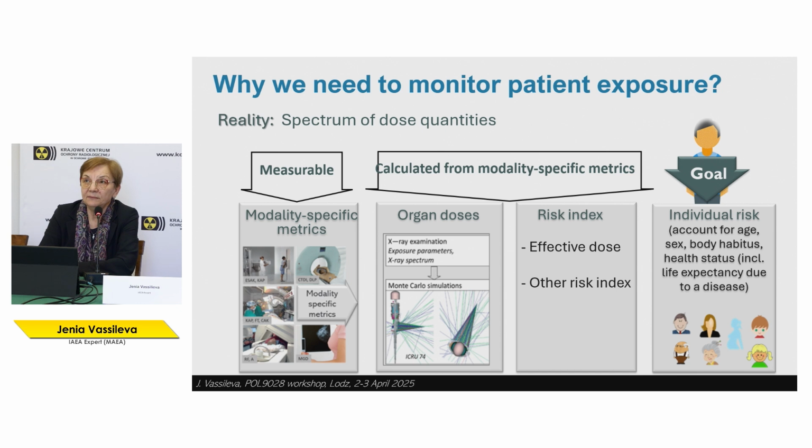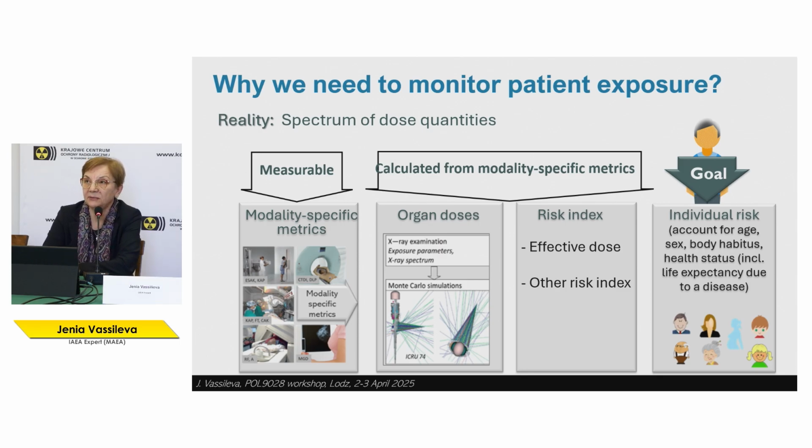And based on them, we can calculate already quantities that are closer to the risk, but they are still not individual risk quantities. Organ doses, equivalent doses to the organs, absorbed and equivalent doses, and combine them in a specific risk index.